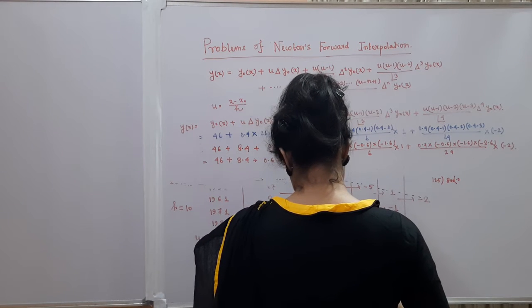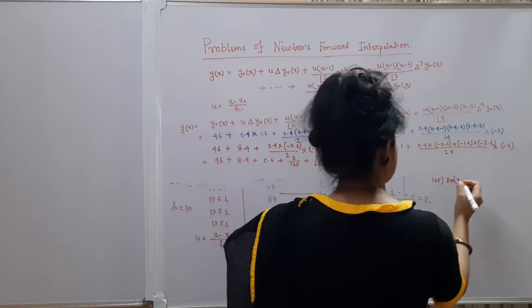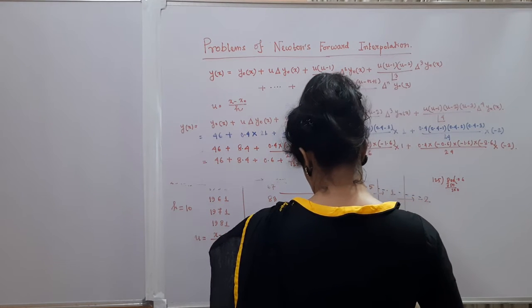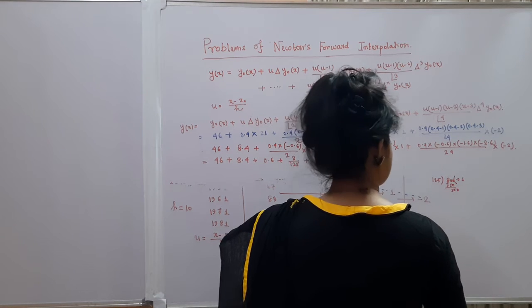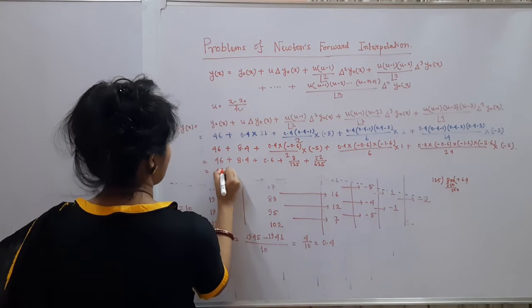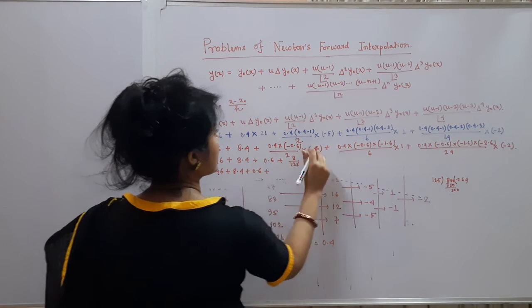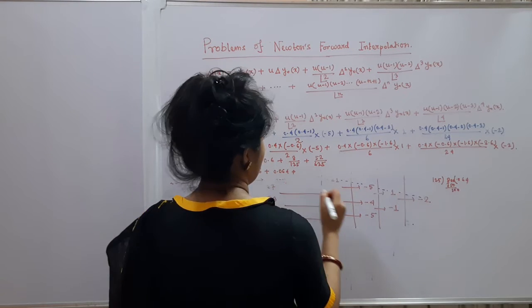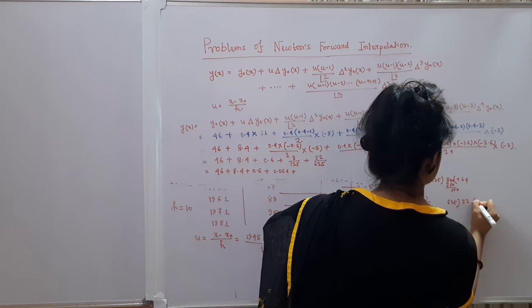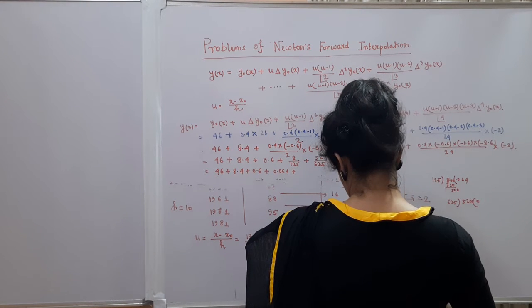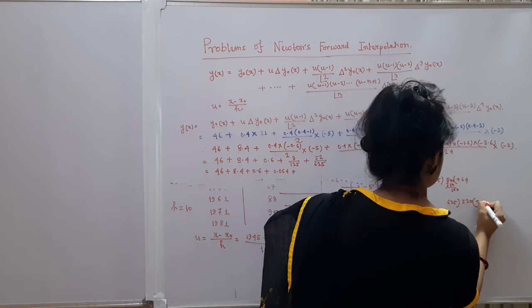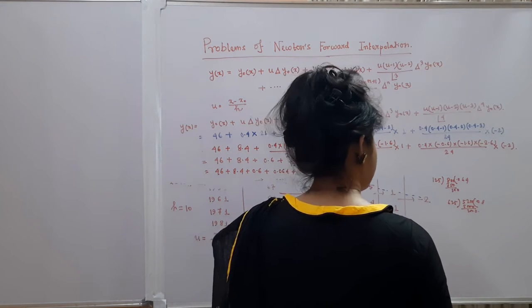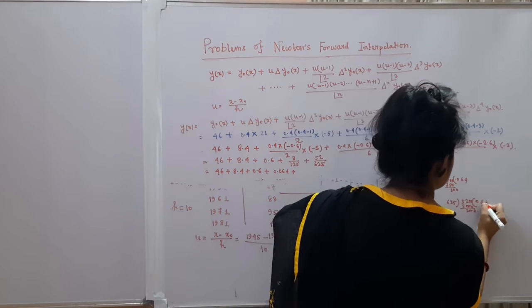So this will be 46 plus 8.4 plus 0.6. This will be 0.64, and this will be 625 by 52, that is 625 into 8 is 5200, and 625 into 3 is 1875.